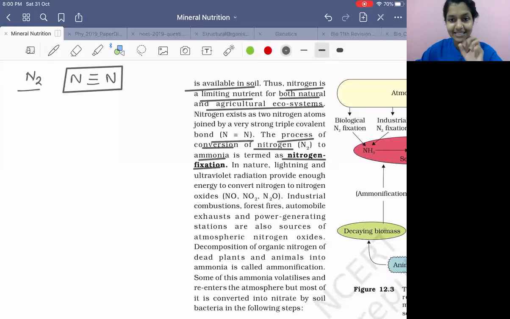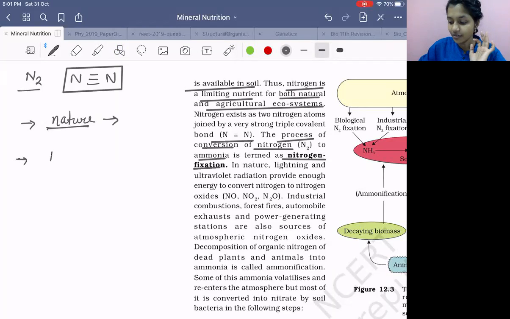So let us learn these three things first of all. What did I tell you? Nature's power, lightning and thundering, can directly convert nitrogen into nitrates, oxides. Similarly, the industries and factories, artificial, can also convert nitrogen into oxides.